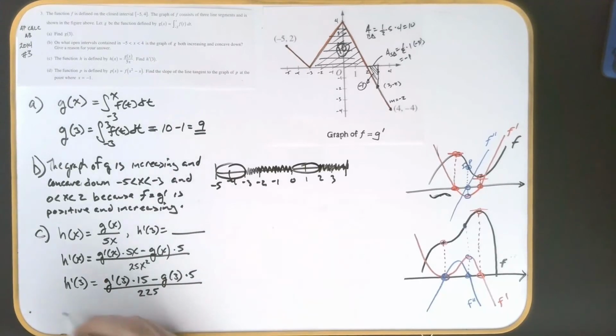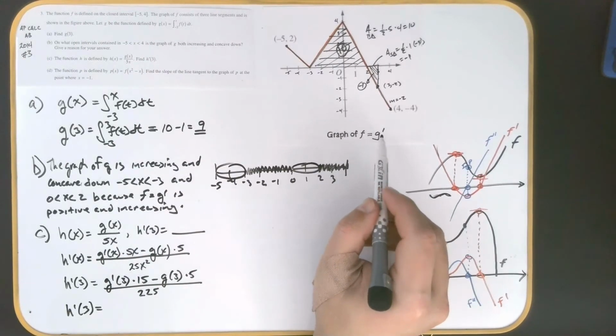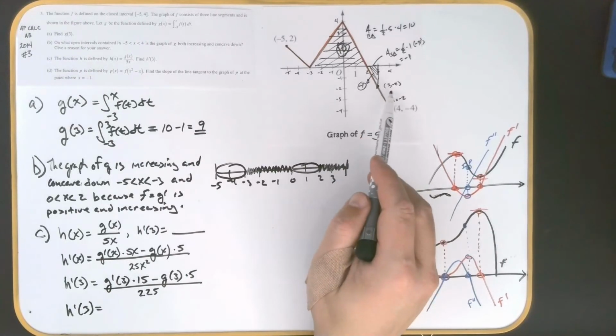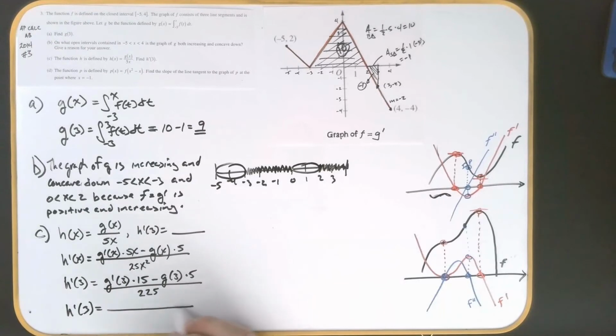Okay, now let's see, what else do we got here? We should have enough information here. We need g prime of 3. Well, g prime at 3, we figured that out before, is -2. So it looks like I got -2 times 15 minus g of 3.